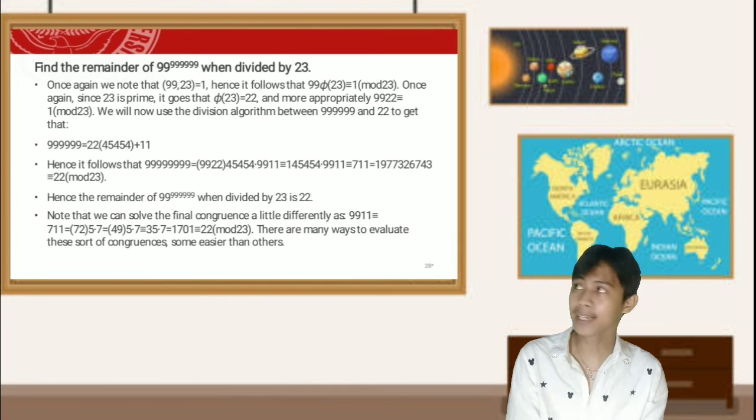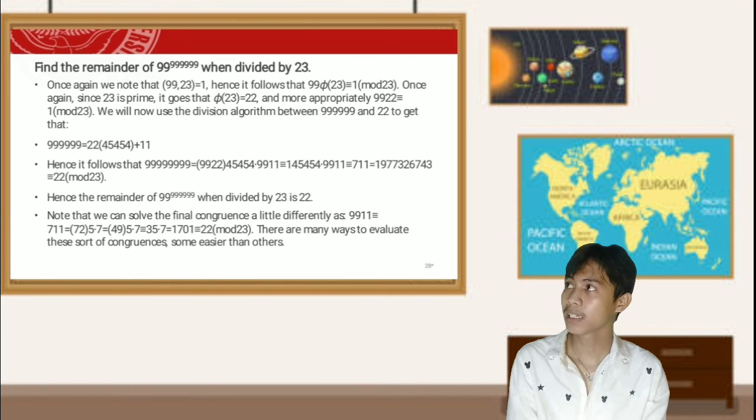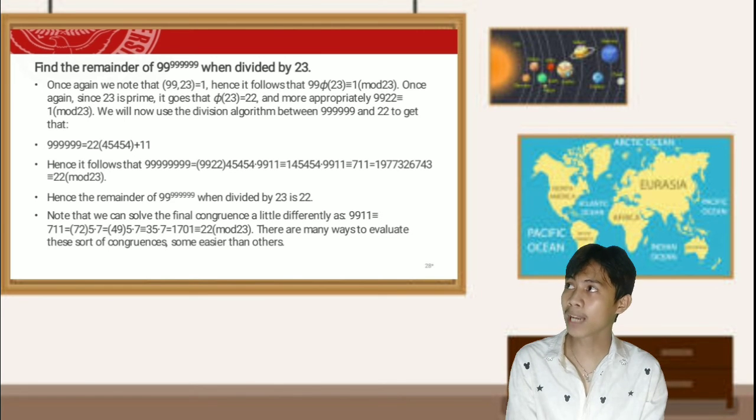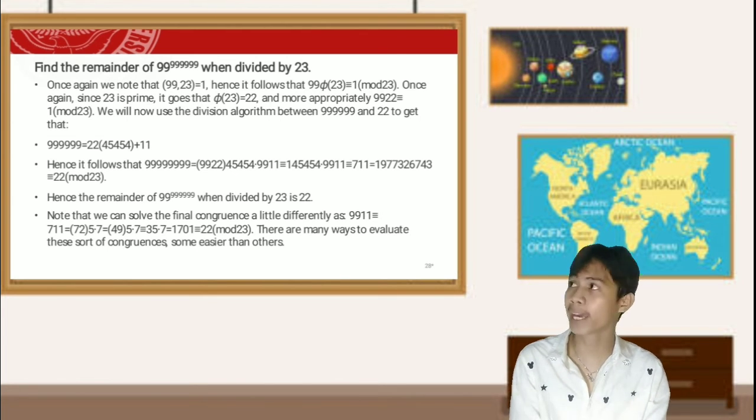So once again, we know that gcd of 99 and 23 is equal to 1. Hence, it follows that 99 to the power of phi of 23 is congruent to 1 mod 23. Once again, since 23 is prime, phi of 23 is equal to 22, and more appropriately, 99 to the power of 22 is congruent to 1 mod 23.